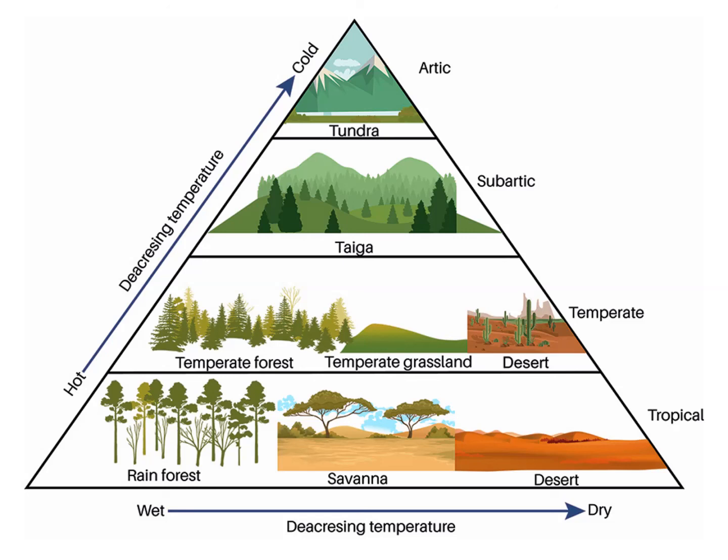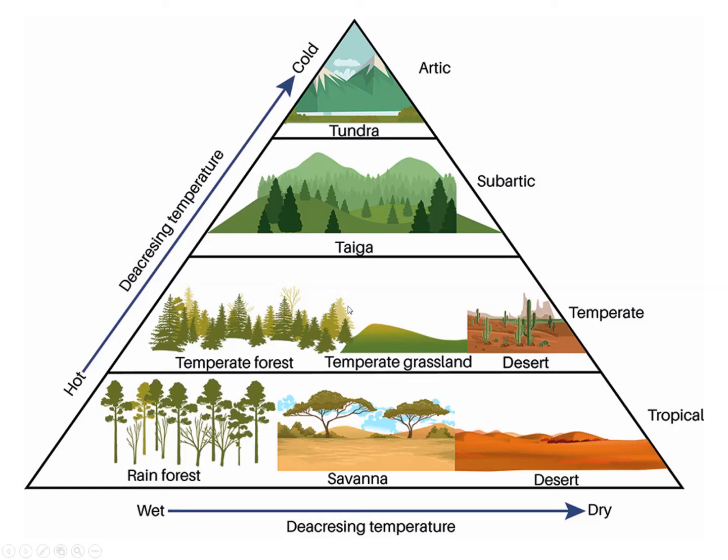And here in this pyramid you can see the division of different habitats and different zones. Here you can see wet climate to dry, in rainforest, savanna and desert, which are found in the tropical zone.